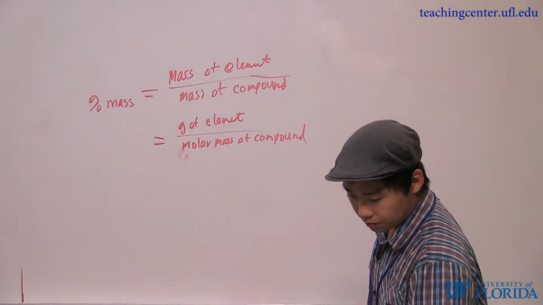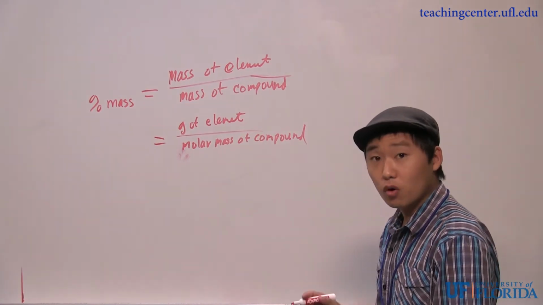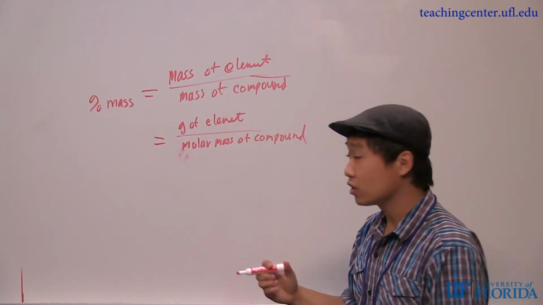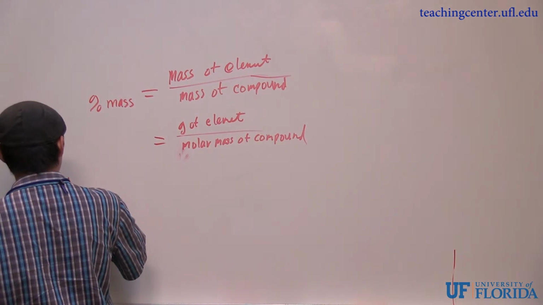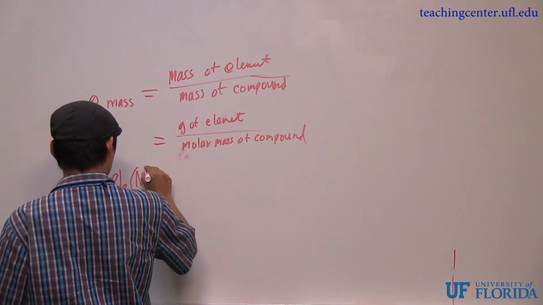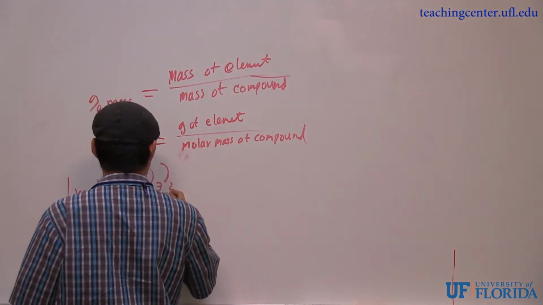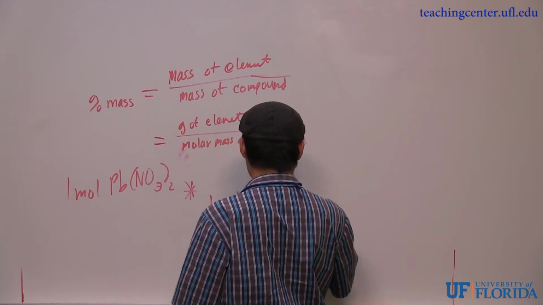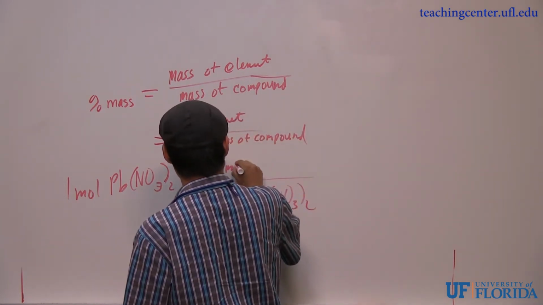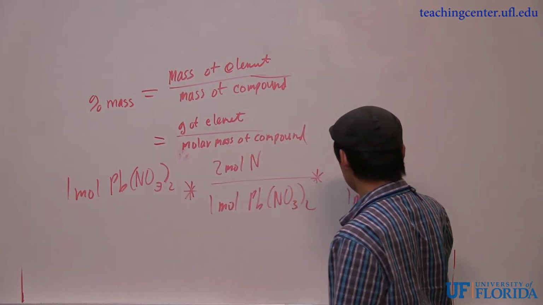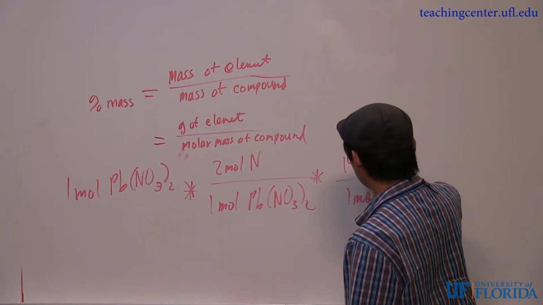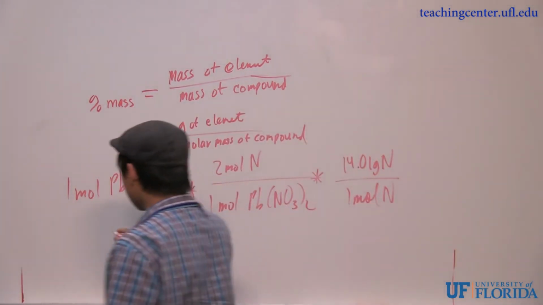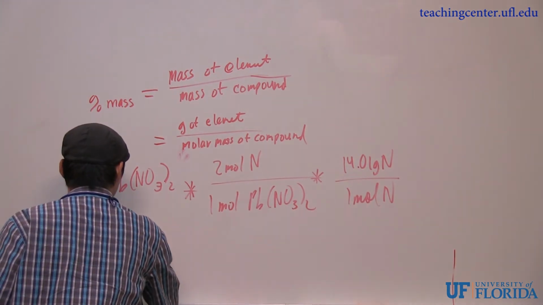So the first thing we're going to do is find out how many moles of nitrogen there are in lead 2 nitrate. So we have 1 mole of lead nitrate, and for every 1 mole of lead nitrate, there are 2 moles of nitrogen, times, for every 1 mole of nitrogen, there's 14.01 grams of nitrogen. With that in mind, we find we have 28.02 grams of nitrogen.